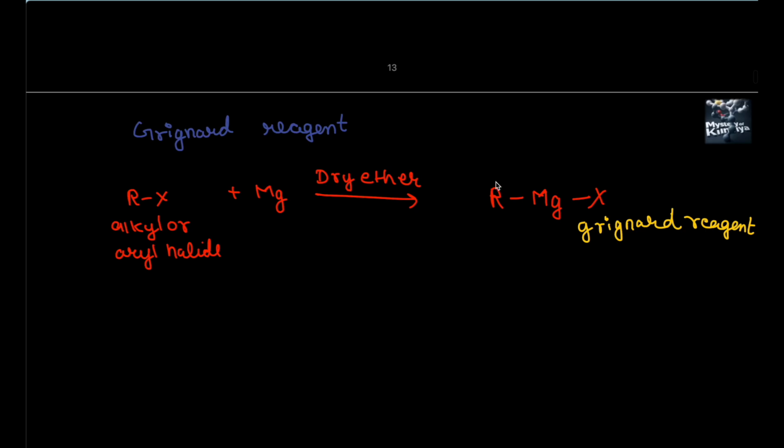Because this carbon has more electron density, we do not use it with water or any solvent which has acidic protons, because it just takes the acidic proton from the water and leaves an alkane, and in such cases we cannot have nucleophilic addition or nucleophilic substitution reactions using Grignard reagent. So that's why we just use dry ether.